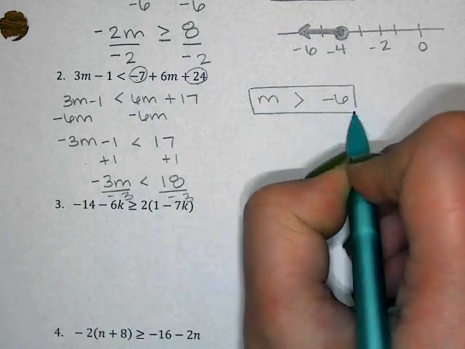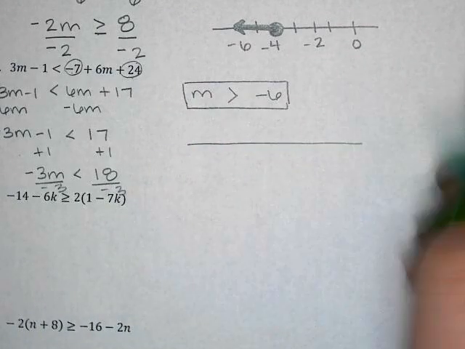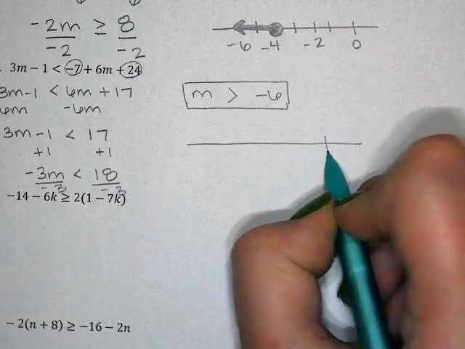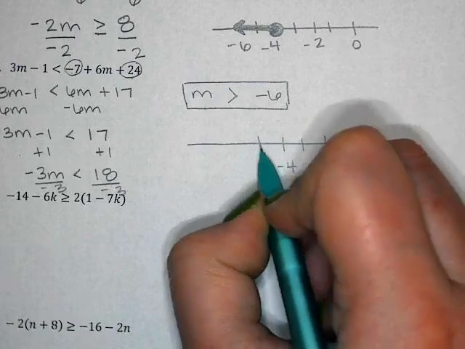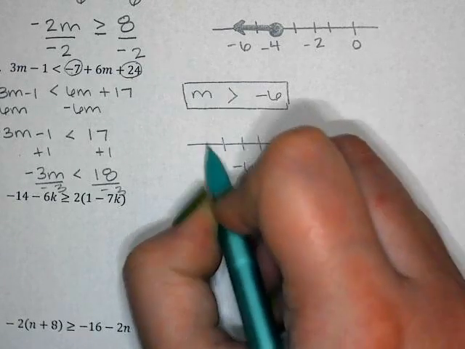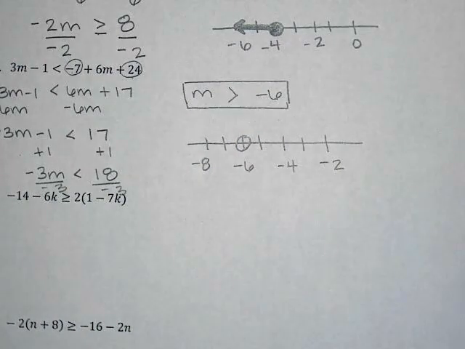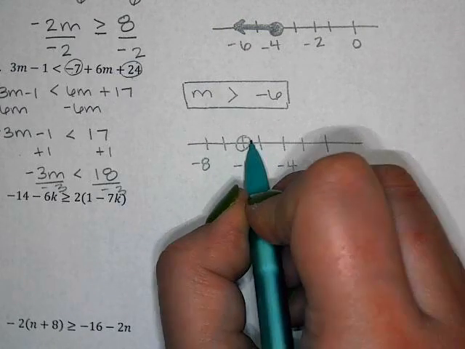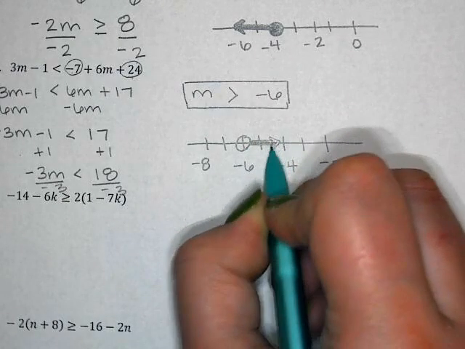Okay, and then we have to draw a picture of our answer. Should we fill in the circle or not? Don't fill it in because it does not have an equal to. And then which direction should the arrow go? To the right. Okay.